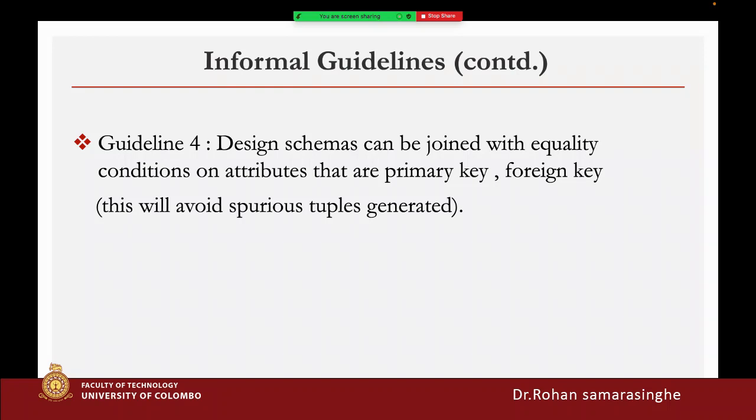Using the primary key and the referencing relation, we can join and retrieve the information from these relations. This will avoid spurious tuple generation.